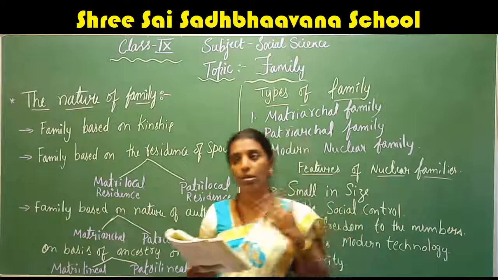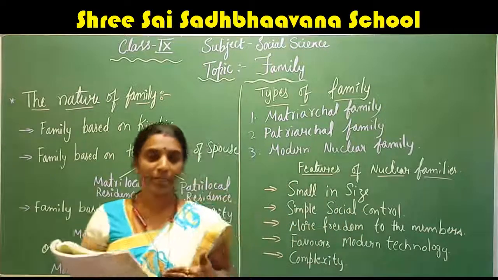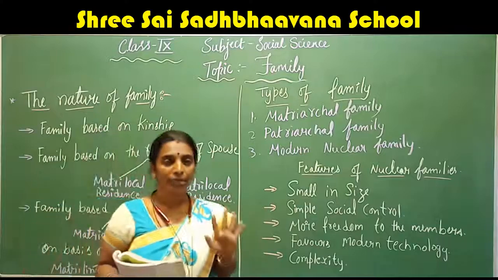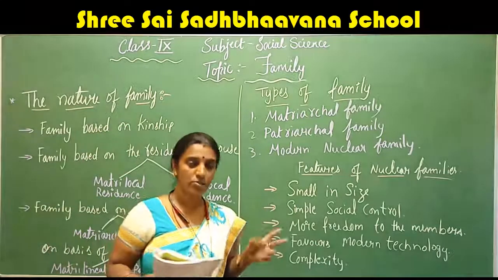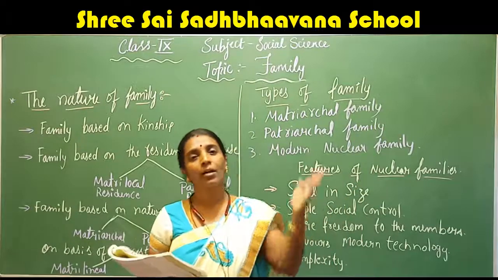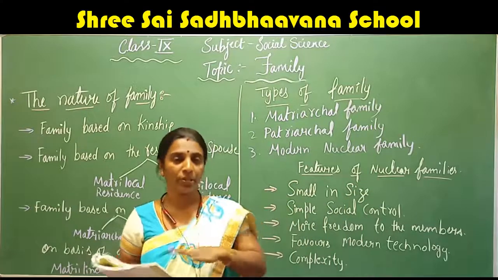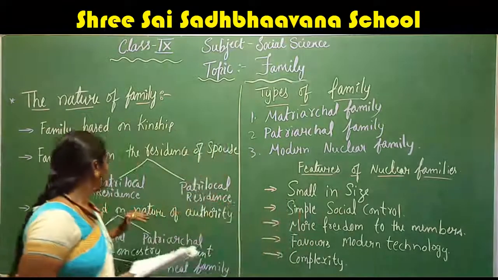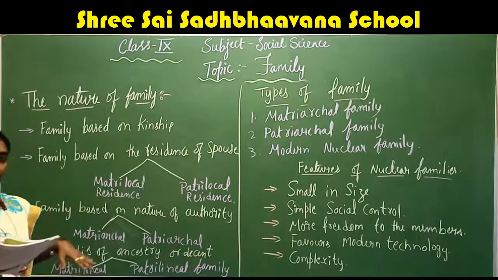See, for example, A and B will get married. The husband should stay with B's community, the wife's community. Then it is the matrilocal residence.